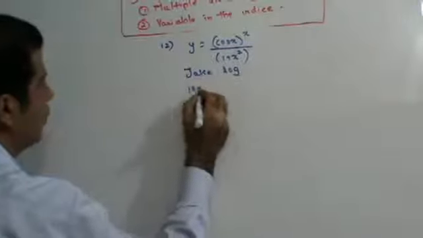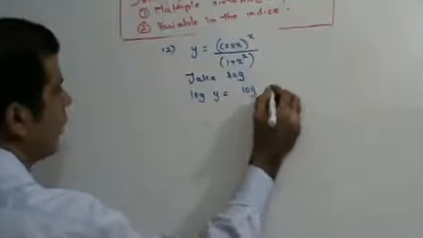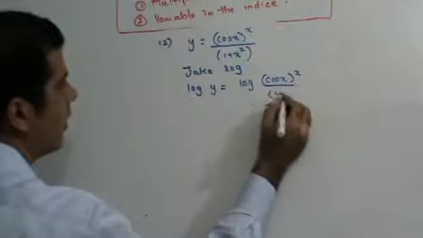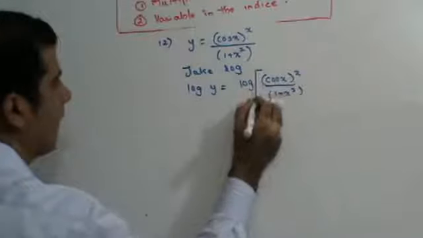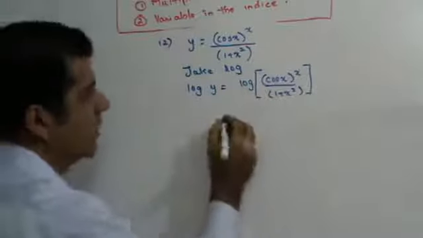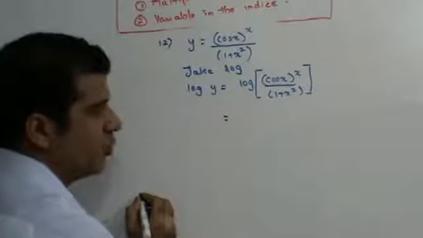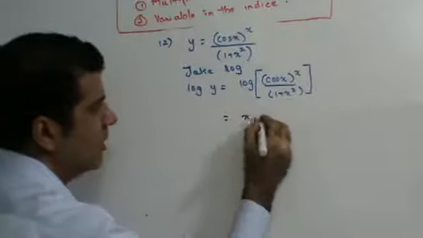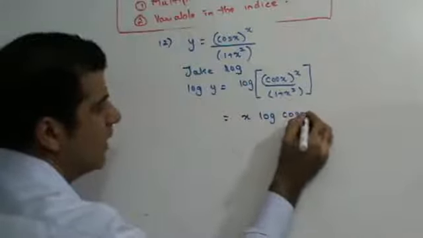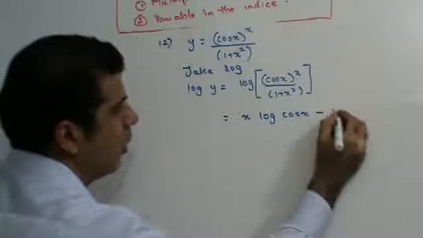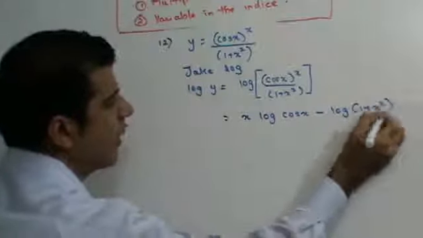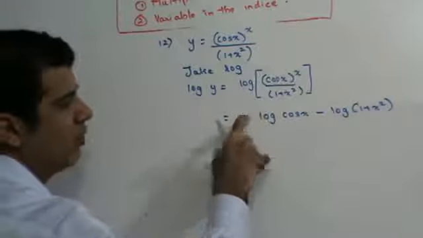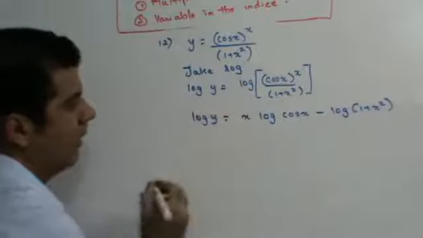Take log, so you will get log y is log of cos x raised to x upon 1 plus x square, right? This can be written as division changes to subtraction and the number in the indice goes before the log. So this will be x log cos x minus log of 1 plus x square.